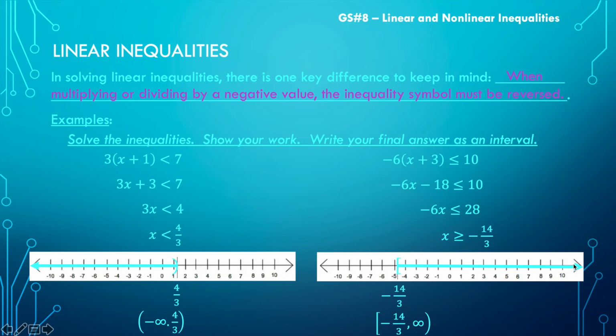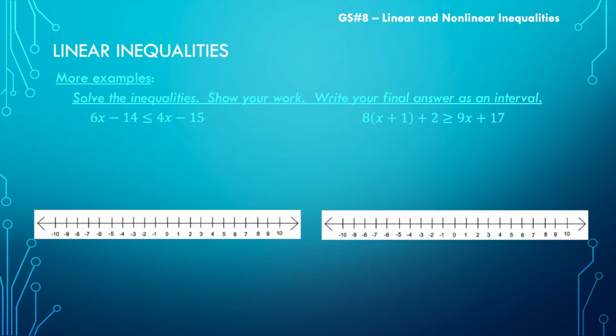All right, here's a couple more examples. Same kind of thing. They're a little more complicated algebraically just because we've got some more things in the inequality, but it's the same idea. You would solve just as you would solve an equation, except for reversing the inequality if you multiply or divide by something that's negative. So for this first example, we have a 6x on one side and a 4x on the other side.